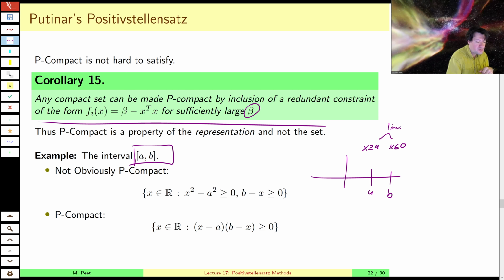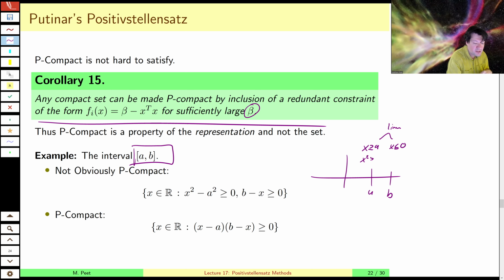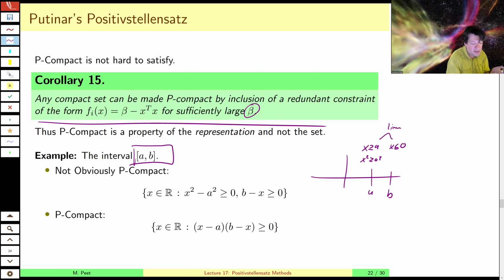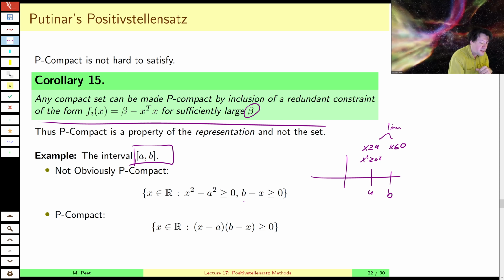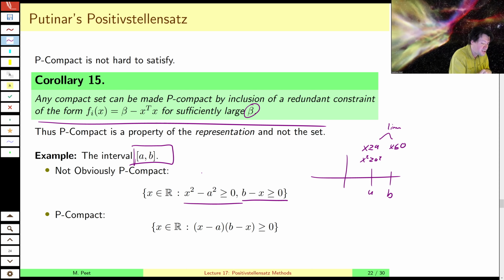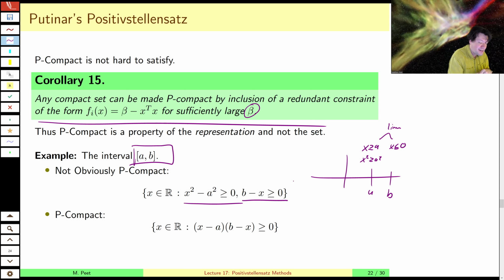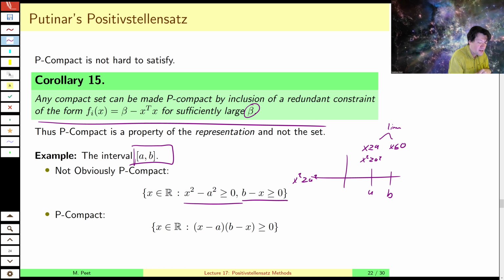However, if you were to replace this one by x greater than a squared or something like that, that would not be p-compact because now this term is linear, but this one is not. Or if you were to add a redundant constraint like x squared is greater than a squared, that would also not necessarily be p-compact.